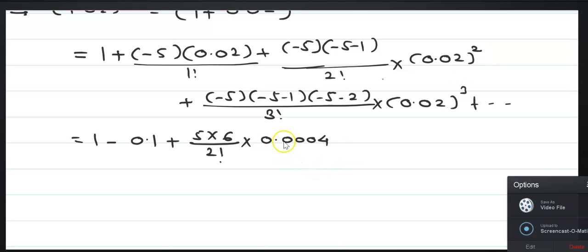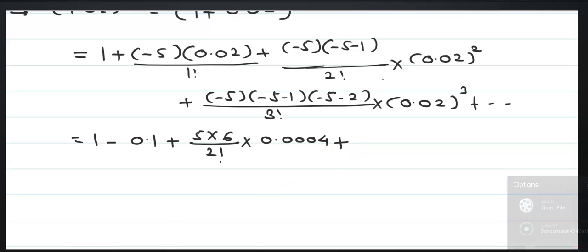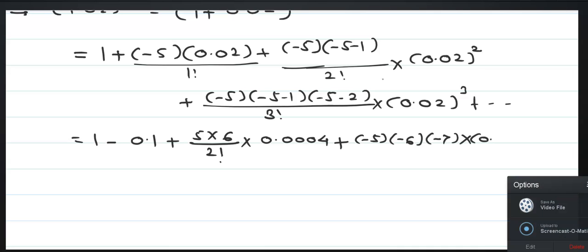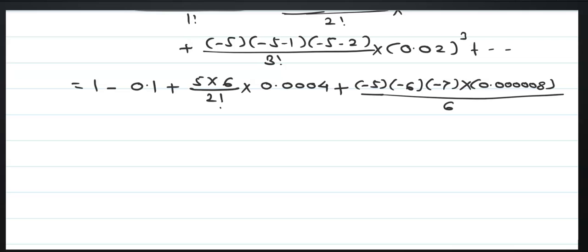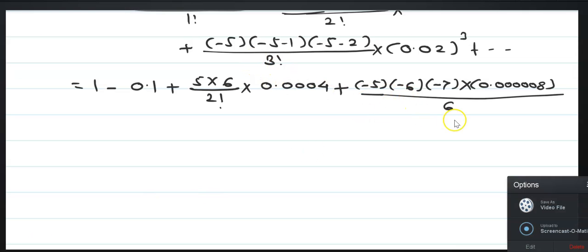Overall you will get plus 5 into 6 upon 2 factorial into 0.02 bracket square. That you will get 0.0006. And the next will be minus 5 into 6 into 7 into 0.02 bracket raised to 3. Now see, 3 factorial means 6. How many zeros are there? 1, 2, 3, 4, 5 zeros are there.